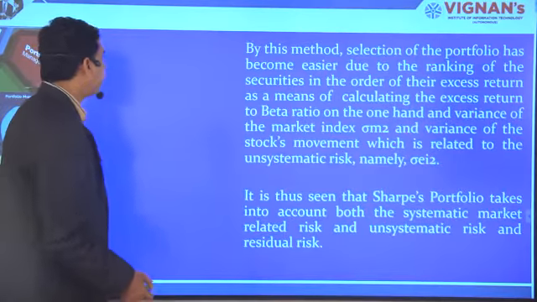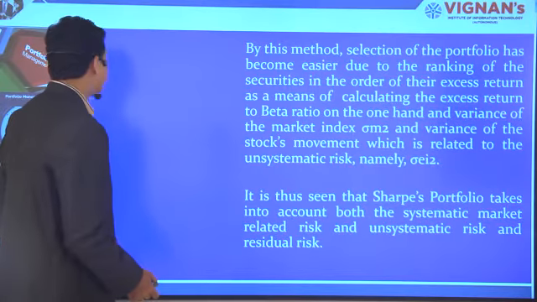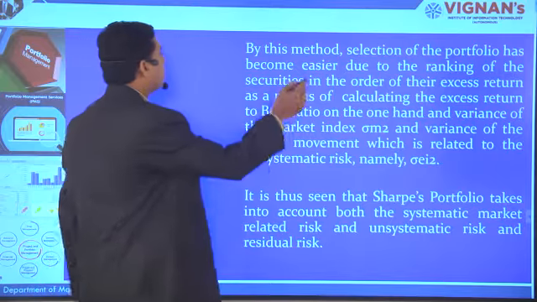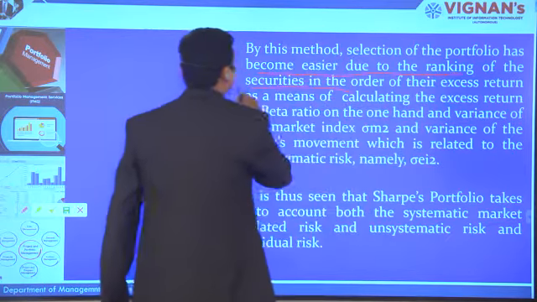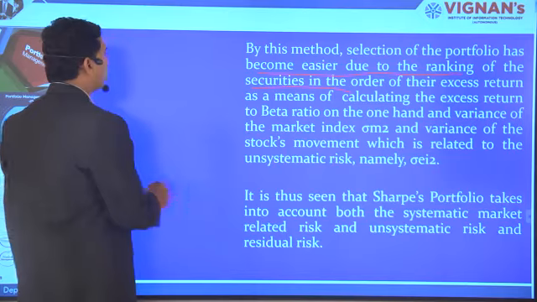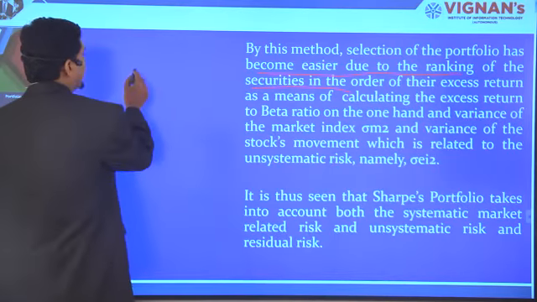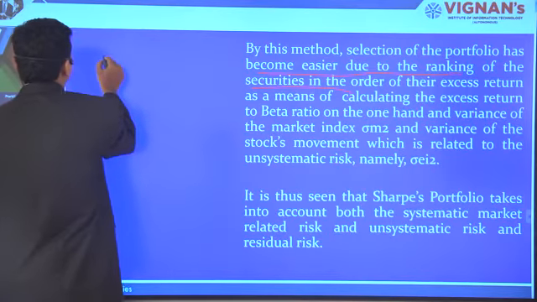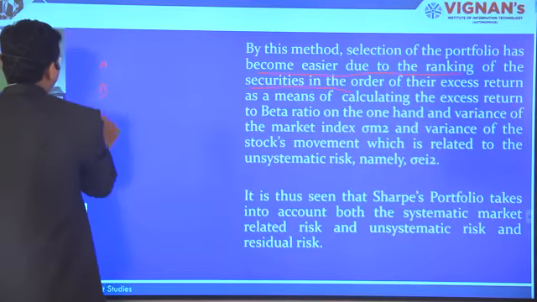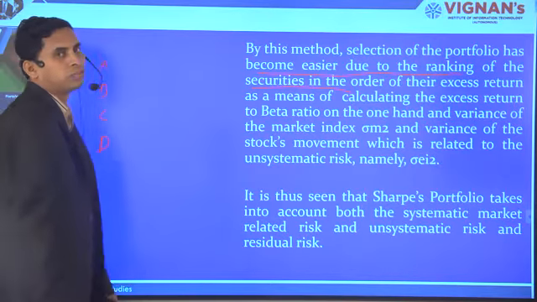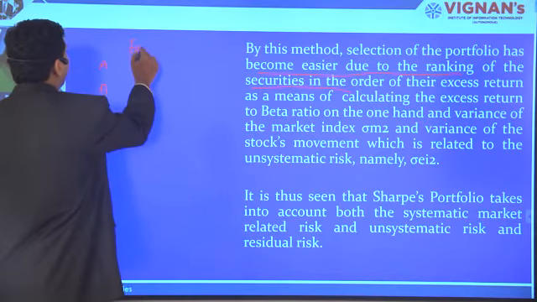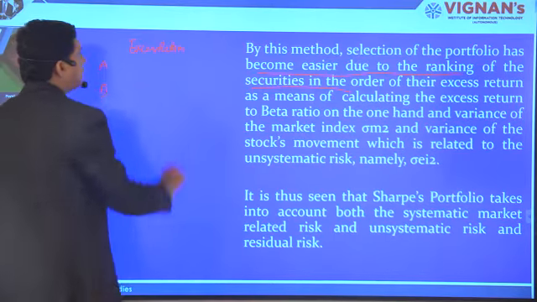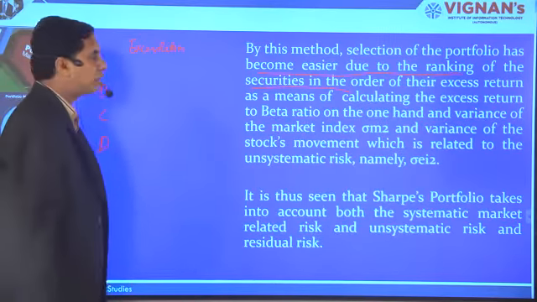In this method, selection of the optimal portfolio becomes much easier, because it is simply ranking securities in the order of their excess return. Say, for example, there are different portfolios A, B, C, D. Now we find out the excess return, which is due to the market risk.